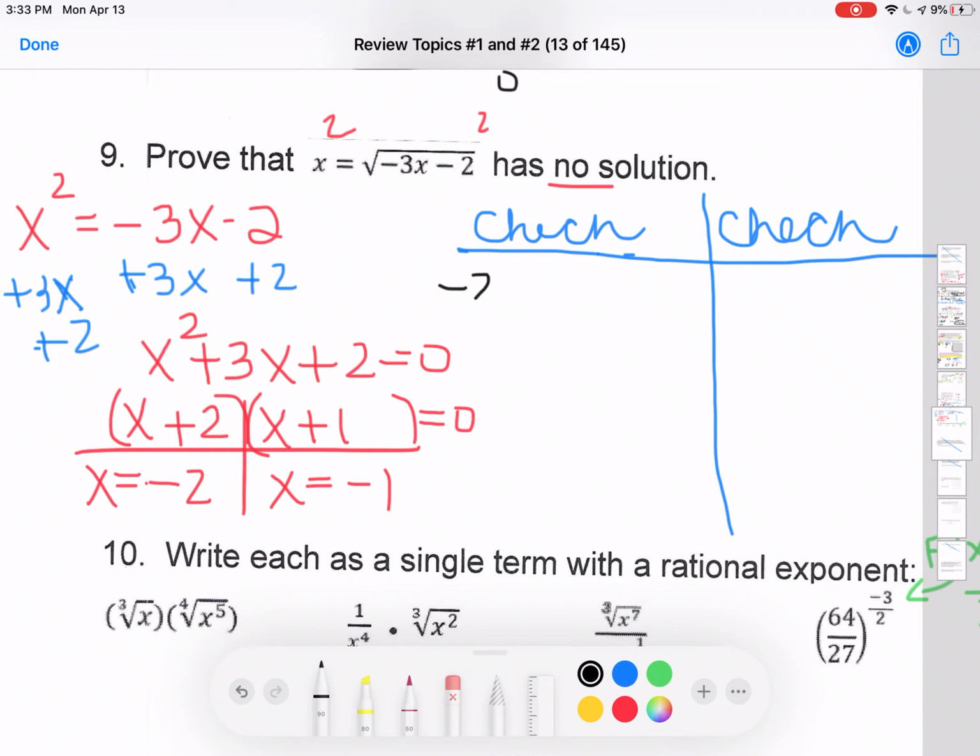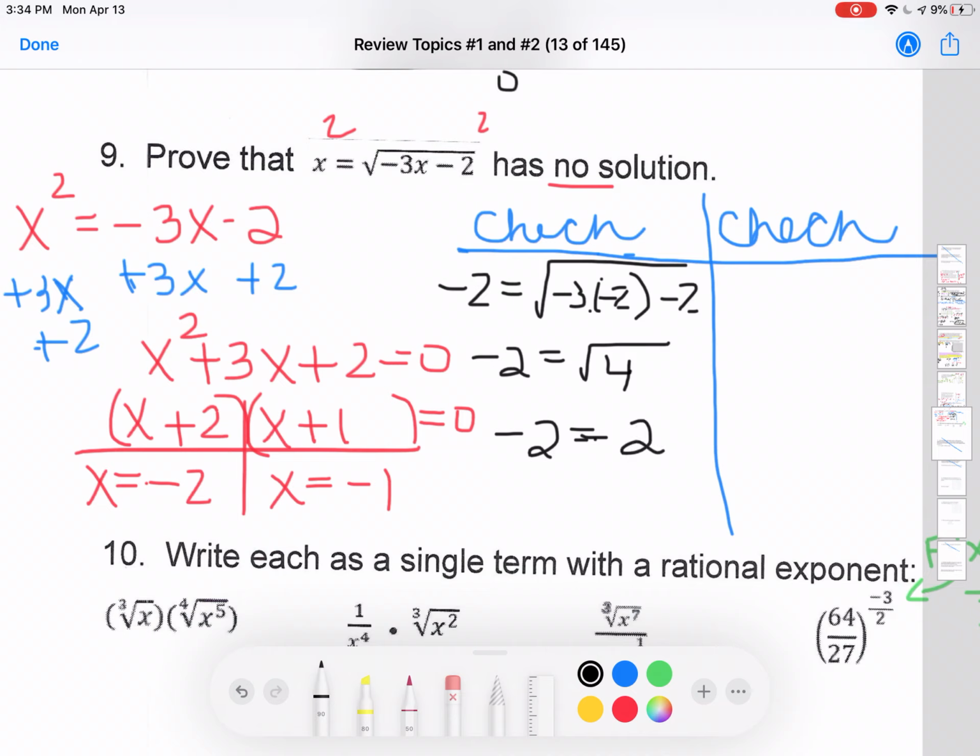So negative 2 equals the square root of negative 3 times negative 2 minus 2. So negative 2 equals the square root of 4. Remember, this is the principal square root, so the answer is just 2. So those do not equal each other.